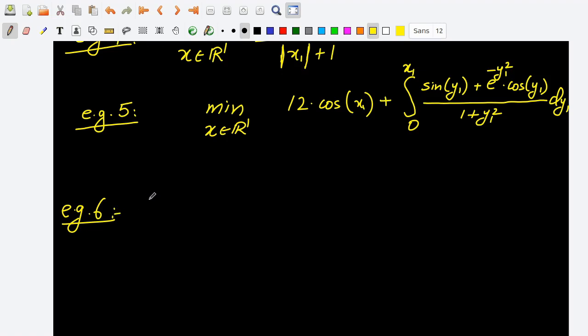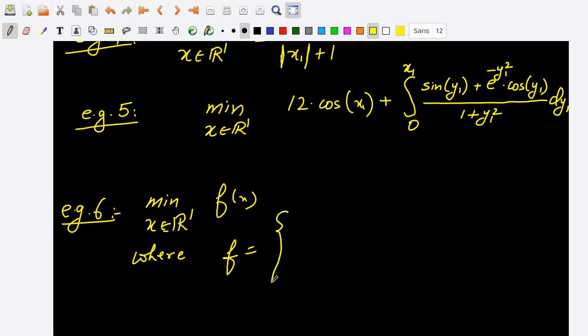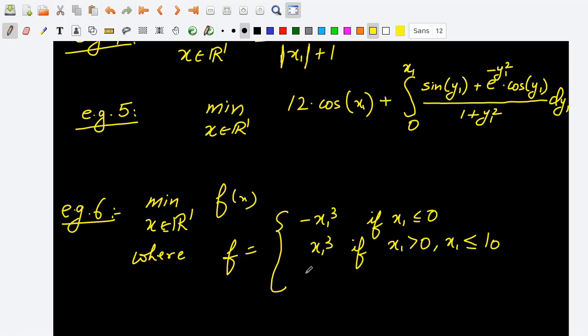It's a piecewise function, so let us say minimize x in R1, f of x, where f is actually one of 3 or 4 functions, maybe minus x1 cube if x1 is less than 0, x1 cube if x1 is strictly greater than 0, and x1 is less than or equal to 10, and 100x1 plus 100 minus x1 square otherwise.